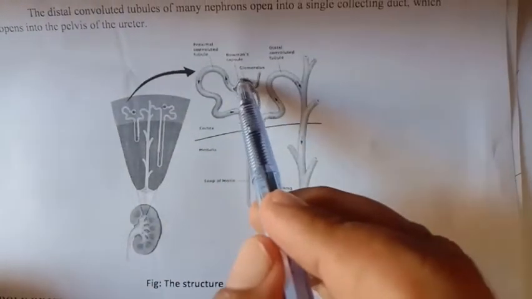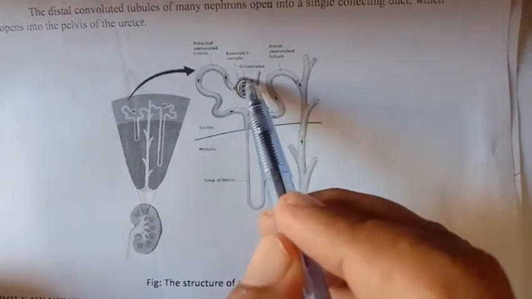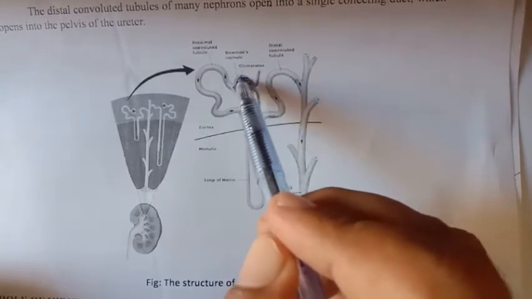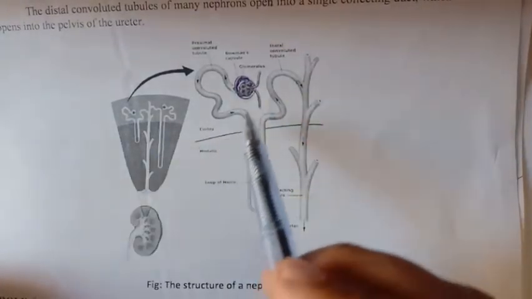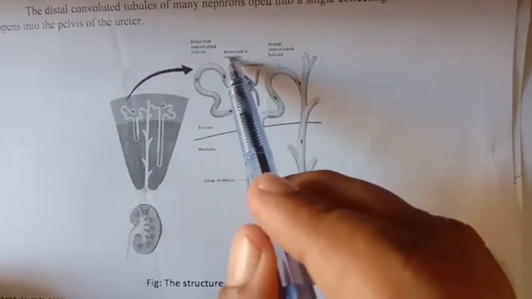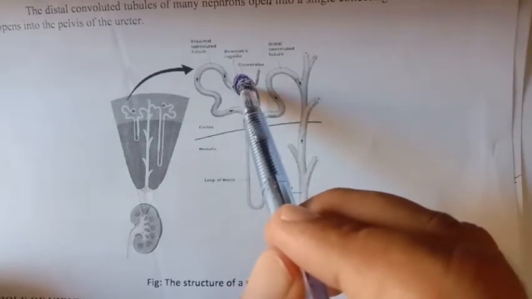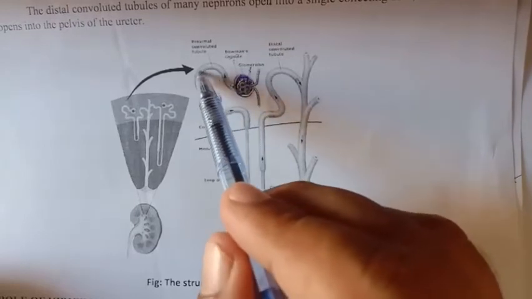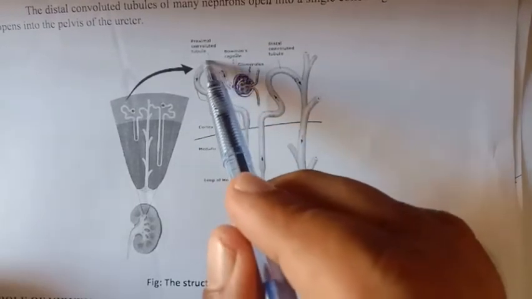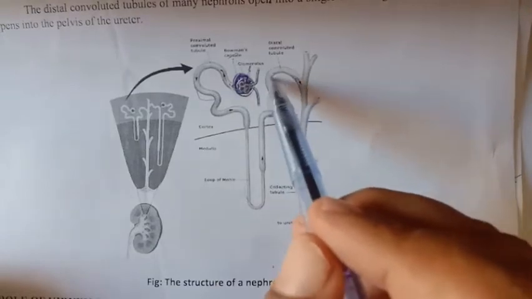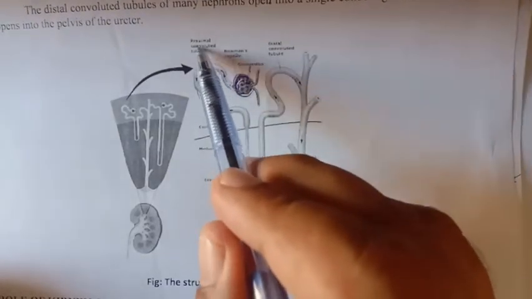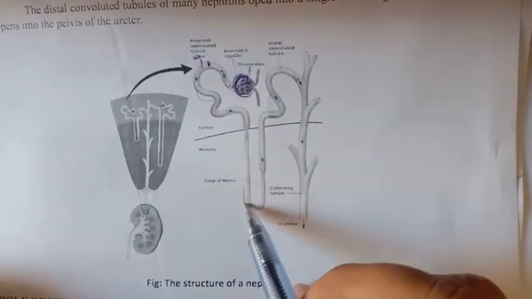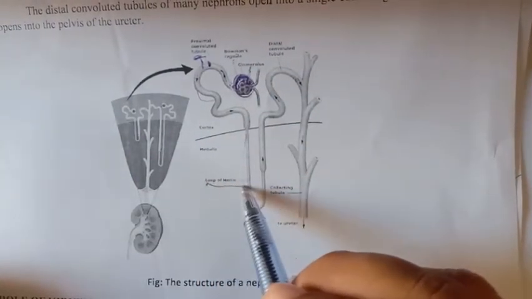So this is the first part, the Bowman capsule. The cup-shaped structure is called Bowman capsule or renal capsule, and the tuft of blood capillaries is called the glomerulus. From this point the renal tubule starts. So this whole structure is called the renal tubule. The first part of the renal tubule is the proximal convoluted tubule, and the U-shaped structure is called the loop of Henle.